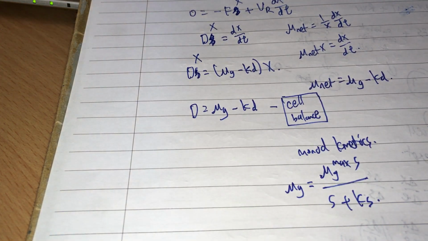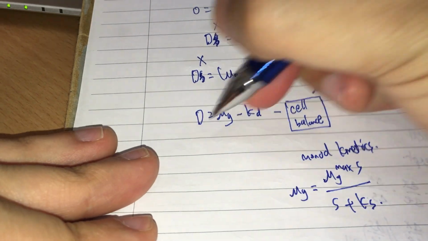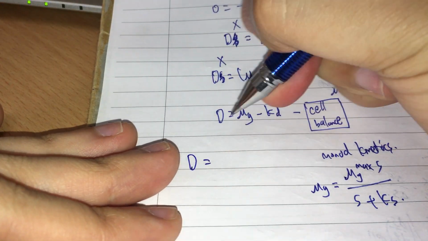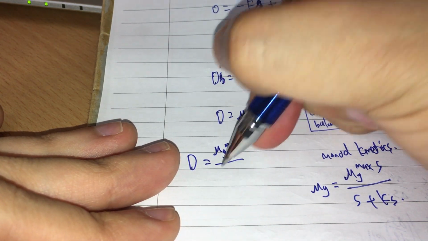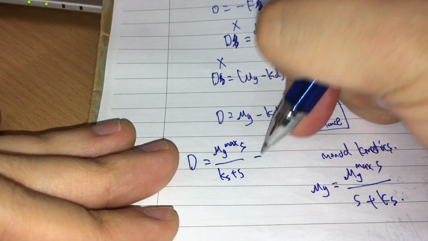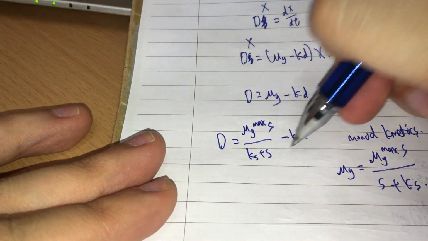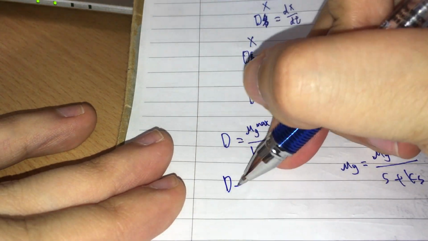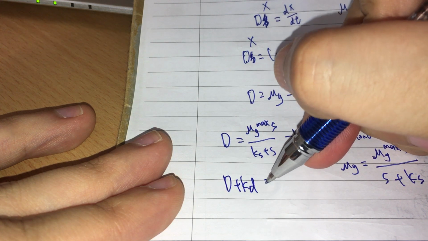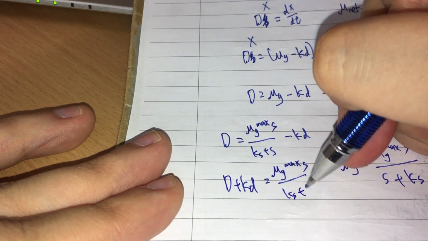These two are empirical constants, so you can just substitute that back into the cell balance. So the cell balance plus Monod kinetics will give you this. Okay, so this is the equation here, where you have the cell balance and Monod kinetics together. So you have D plus kd equals mu g max s over ks plus s.